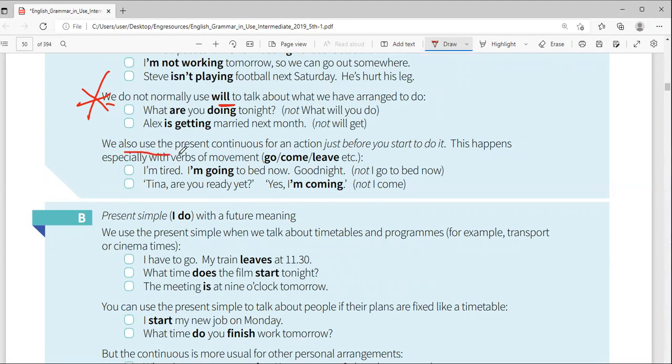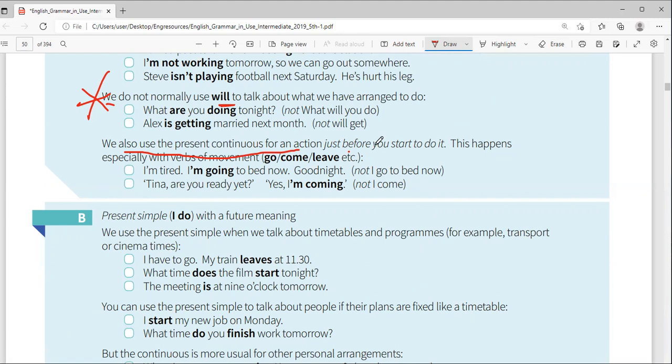We also use present continuous for an action just before you start to do it. I don't know whether you have heard people saying, like you tell Faria, Faria, where are you now? Faria says, hello, yes, I'm coming, I'm coming.